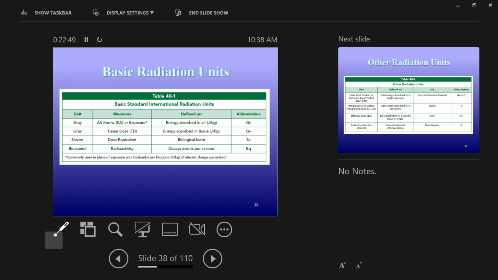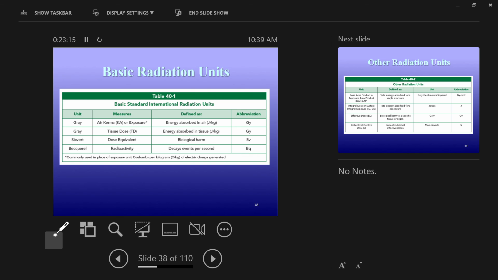Sievert is dose equivalent, indicating biologic harm. To know the sievert, you needed to know how much was absorbed. What's the other thing you needed to know? It's going to tell you the amount of harm, right? In order to know that, you needed to know how much.